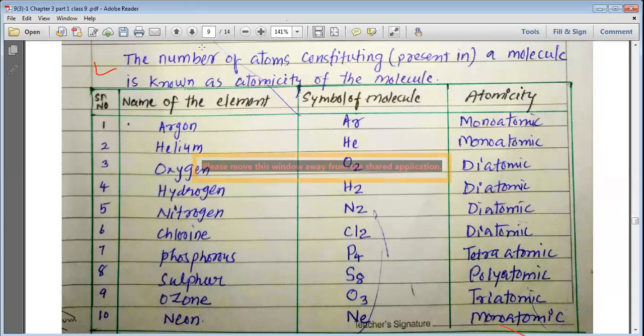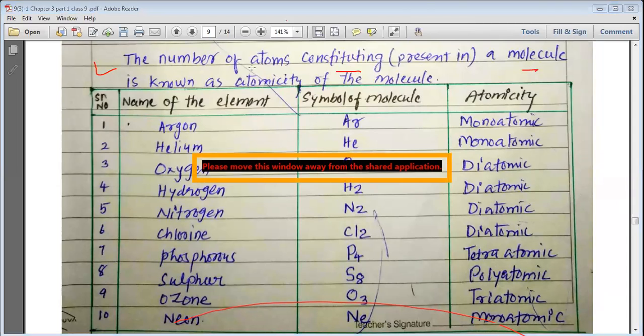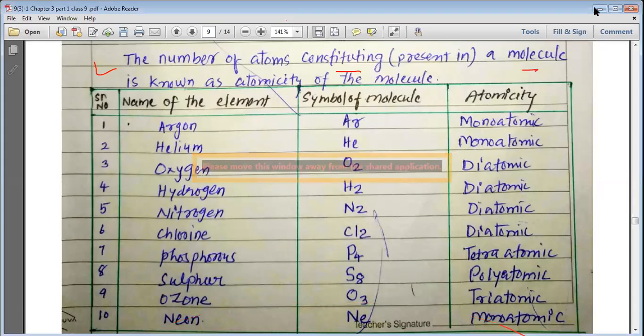Or in other words, the number of atoms constituting a molecule is known as the atomicity of the molecule. This is how we understand the atomicity of molecules.